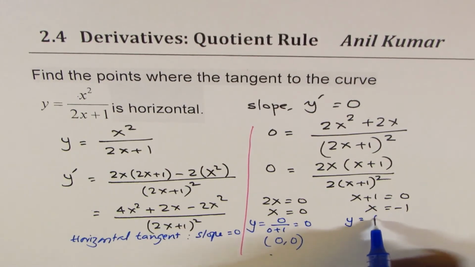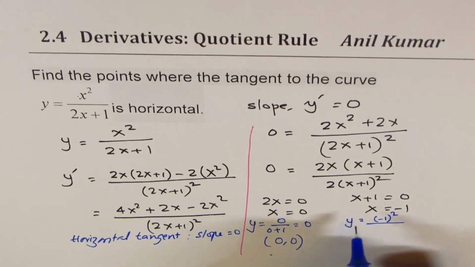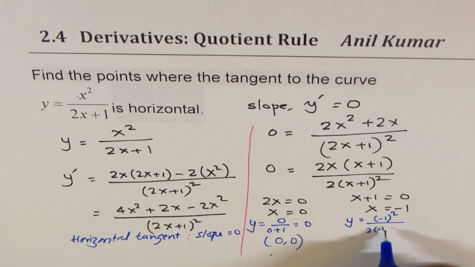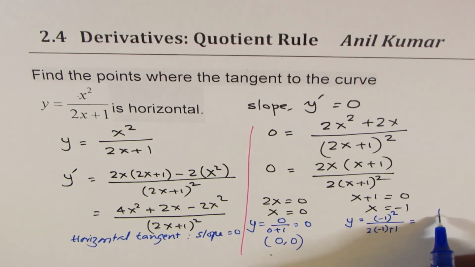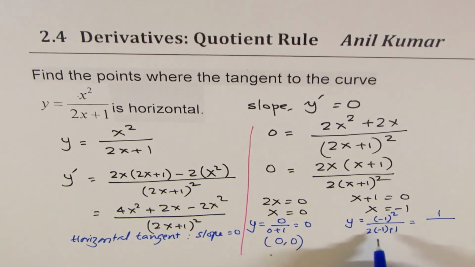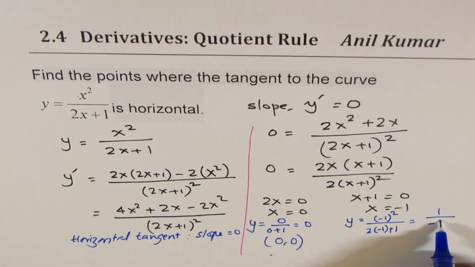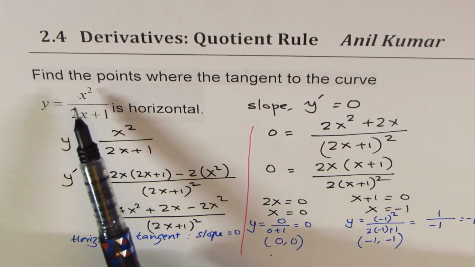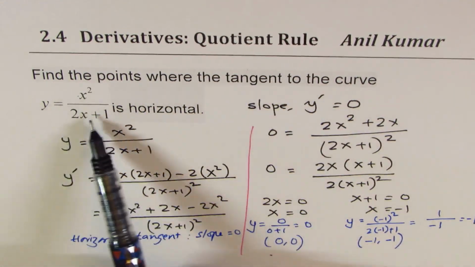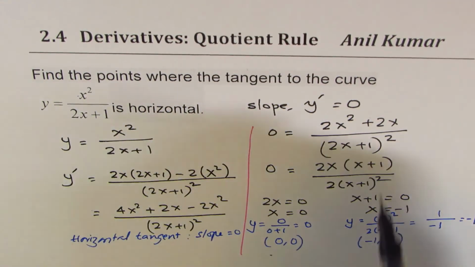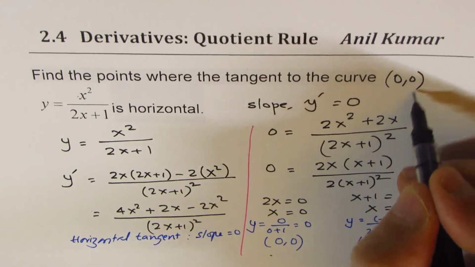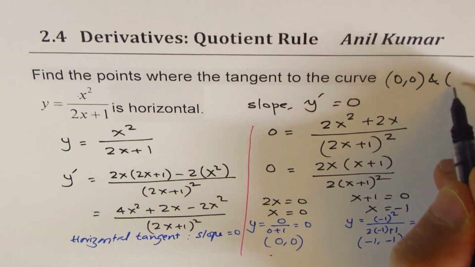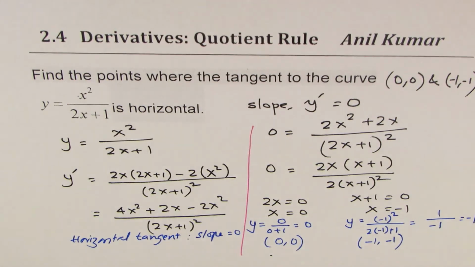So we get y equals to minus 1 square over 2 times minus 1 plus 1, which is 1 over minus 2 plus 1, which is minus 1, correct? So we get minus 1 here. So the other point is minus 1, minus 1, correct? So we get our solution. The points where the tangent to this curve is horizontal are 0, 0 and minus 1, minus 1, correct?